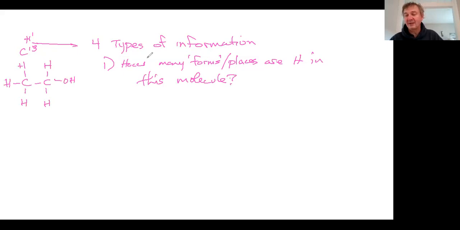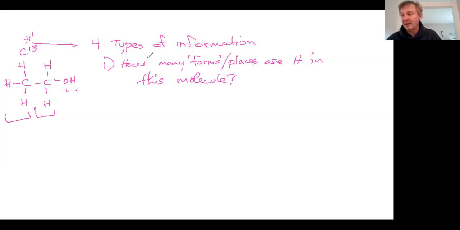So what we see there is 6 hydrogens, so 6 protons. And what I'm saying in part 1 is these 3 are identical. They're spinning around as a tetrahedron. These 2 are identical. They're in a tetrahedral geometry. They're spinning around. And that one's separate.